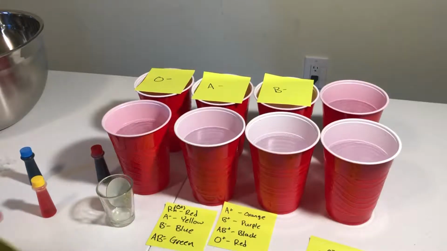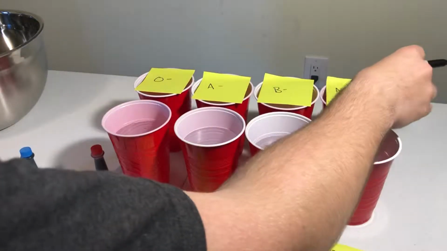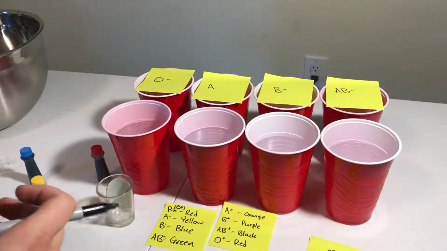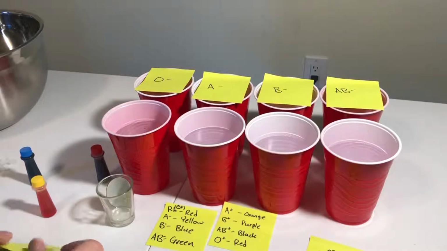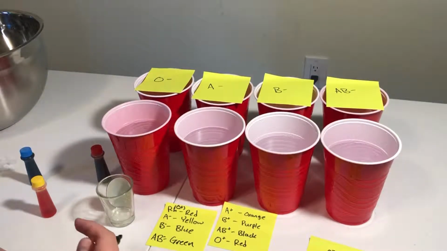AB negative. And then all of our positive colors here. I am one sticky note shy, so I'm not going to bother with all of these right here. Well, you know, I will bother with all of those right there. Let me go get more sticky notes.